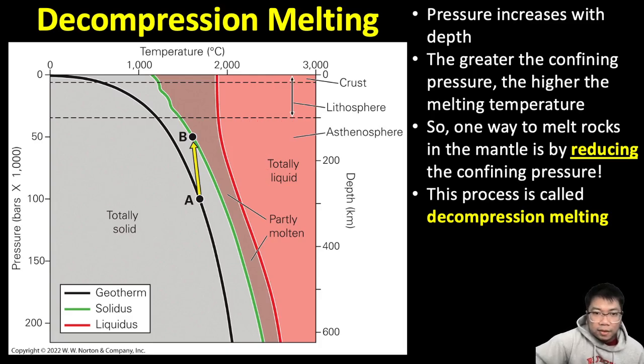So this is the solidus line and this is the liquidus line. It goes down simply because it follows the depth of the earth. As we go deeper into the earth, the pressure will also keep increasing. So that's the basic concept of this graph.